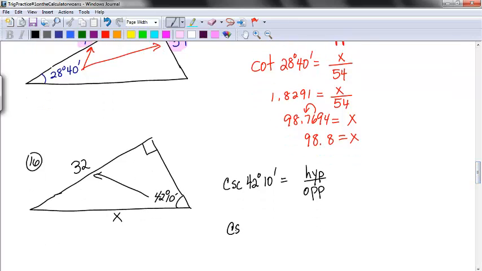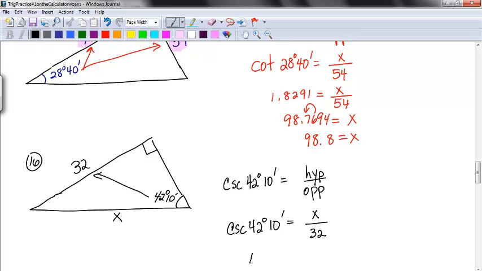So cosecant of 42 10 equals x over 32. The hypotenuse is x, the opposite is 32. So on your calculator, sine of 42 degrees, second function angle, pick up the degrees, 10, second function angle, pick up the minutes, close the parentheses, and then the x to the negative 1 key.